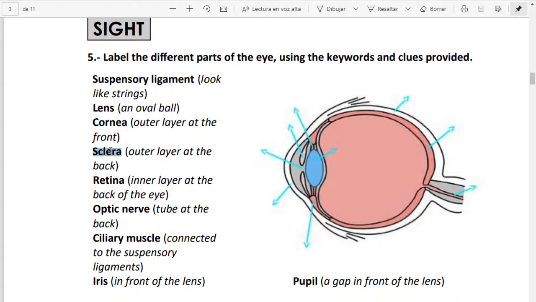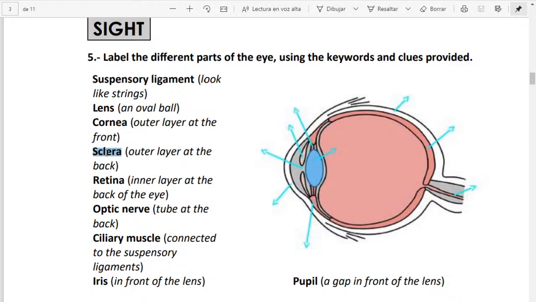This is the sclera. Sclera is the outer layer at the back, la capa externa. This white part here is called sclera. Take notes, because in Spanish we call it by a different name, esclerótica, with an accent on the O. But in English it is sclera.